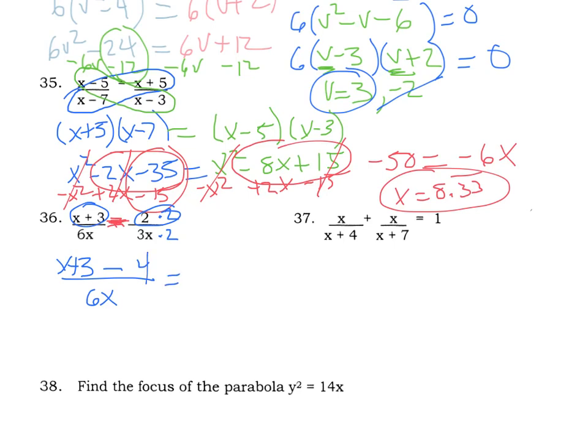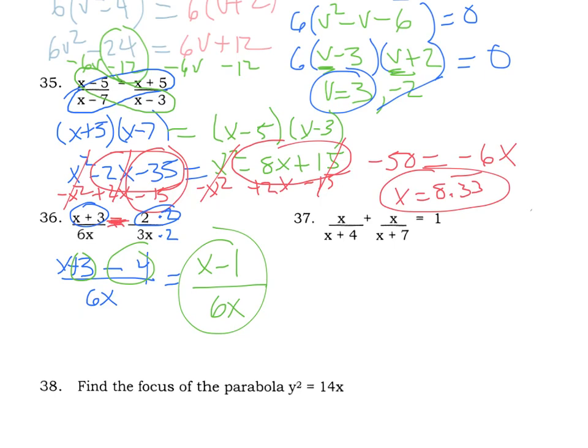Well, x plus 3 minus 4, I can't combine all of it, but I can combine a 3 and a negative 4. That would be x minus 1 over 6x, and that's how I would subtract them. We've already done a couple cross multiplies. We haven't done a subtract, so I'm not sure which that was supposed to be, but subtract works just fine.